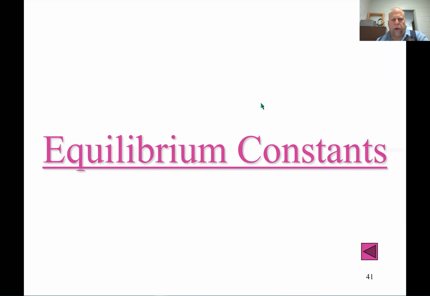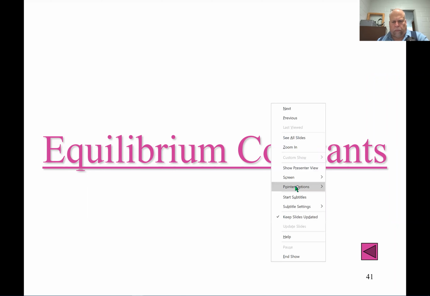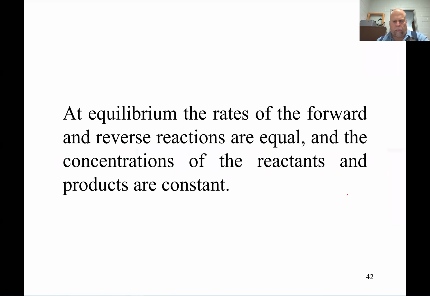Okay, what I'm going to do now is summarize equilibrium constants, what we already addressed in the earlier lab, and essentially continue here. And at equilibrium, the rates of the forward and reverse reactions are equal, and the concentrations of the reactants and the products are constant.